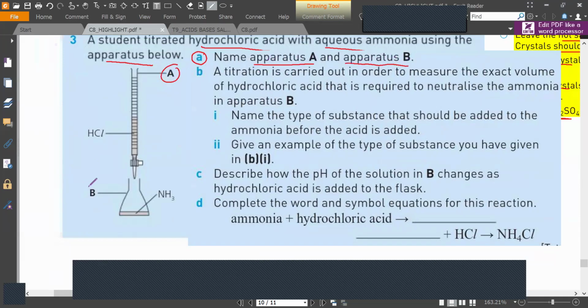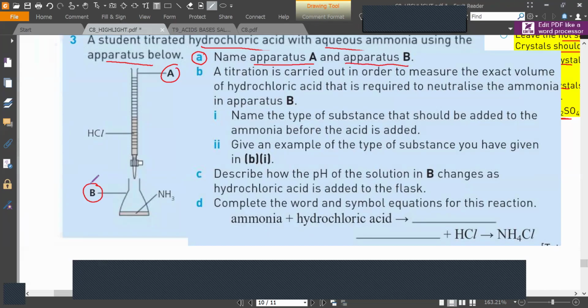You can try. What is A? What is B? Can you remember?